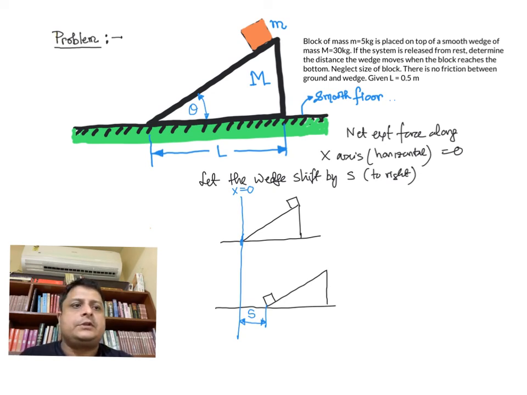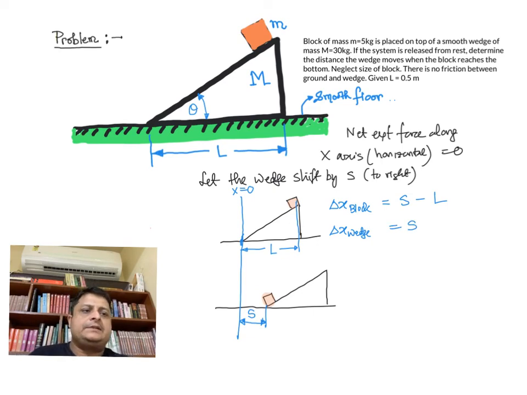Now what is the coordinate of the block? Final coordinate of the block and the initial coordinate of the block. So the initial coordinate of the block, as you see, is L, the length of the wedge. So delta x for the block is equal to s minus L. Now delta x for the wedge is obviously s because the wedge shifts by s to the right.